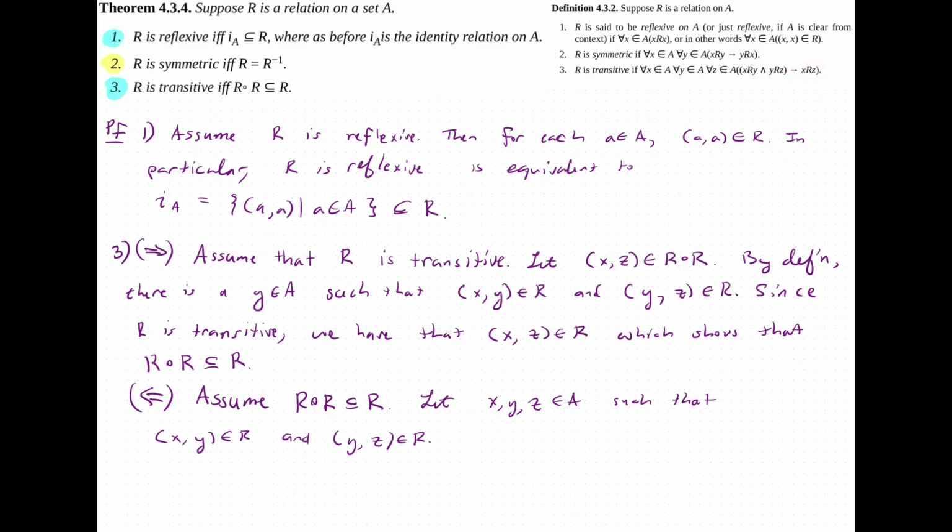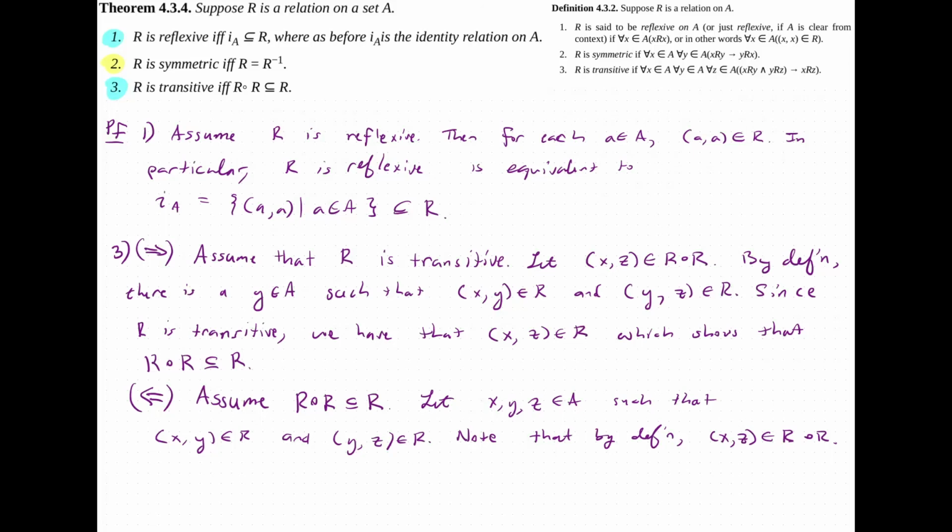And the way we are going to do that is by our assumption that the composition of R with itself is a subset of R. Note that by definition, we have that x comma z is in the relation R compose R. And so we have this here.